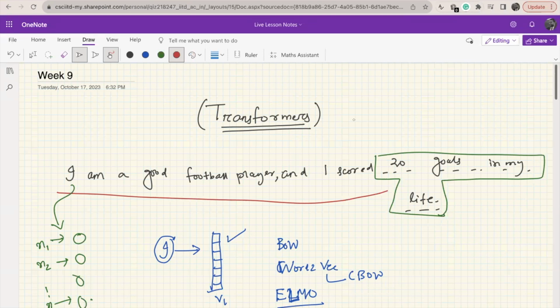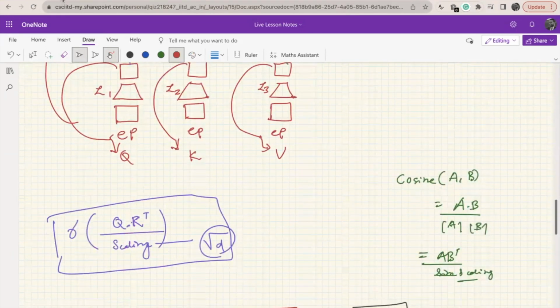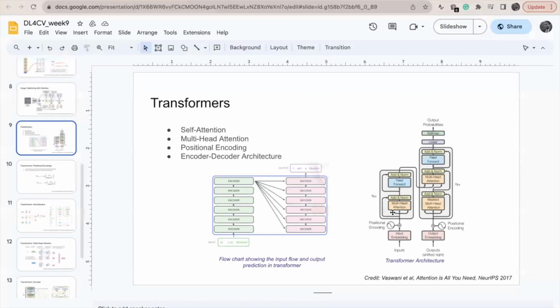Okay, so each sentence will start with the start token and end with the end token. Let's say I have passed my input to the encoder, and I got the latent code, and I'm now passing the latent code to this multi-head attention.